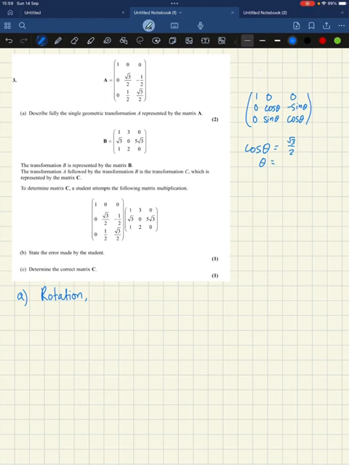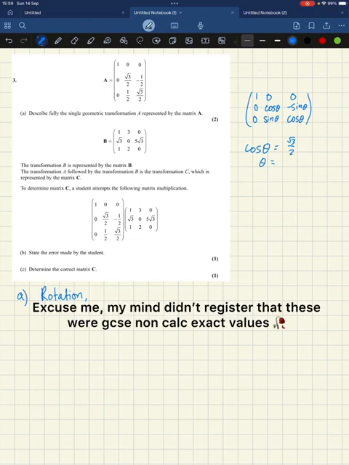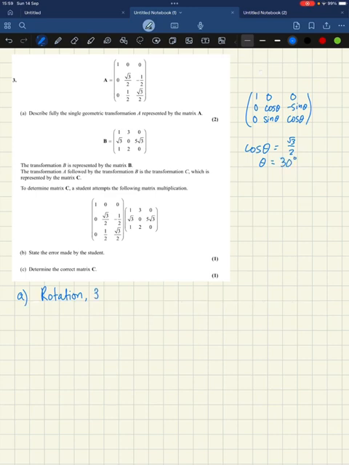Theta is equal to arc cos of root 3 over 2, which is 30 degrees. Now in 3D I think the direction doesn't matter, but we can just put anti-clockwise anyway, and about the x-axis.